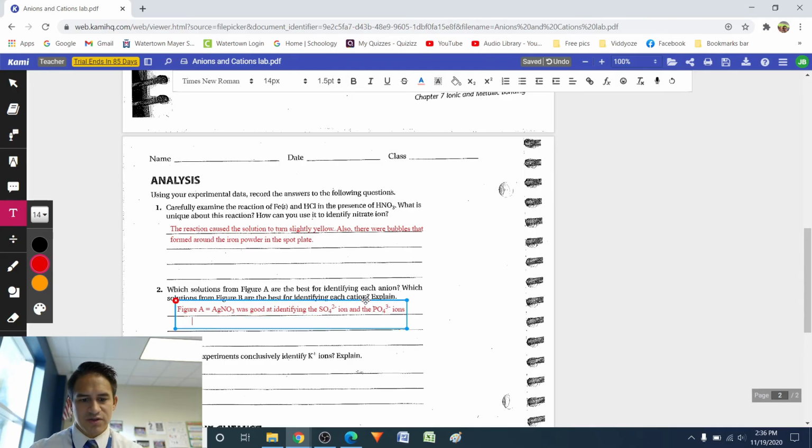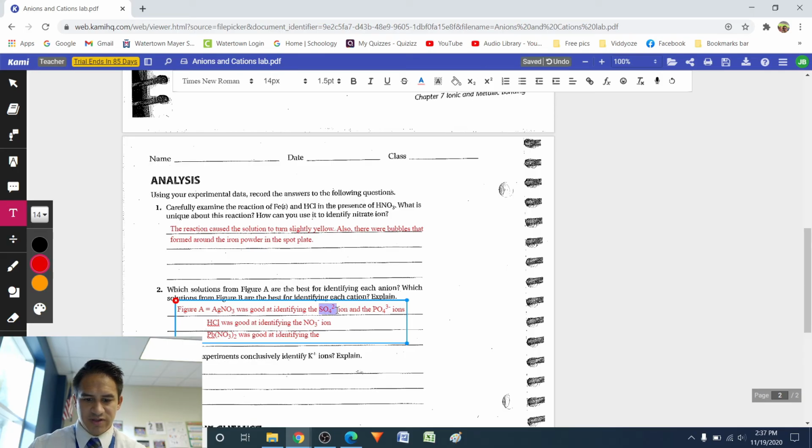We say HCl was good at identifying the nitrate, so the NO3- ion. Excuse me. And the PbNO3 2, make sure we write this correctly here, was good at identifying the same two ions that the silver one was good at.